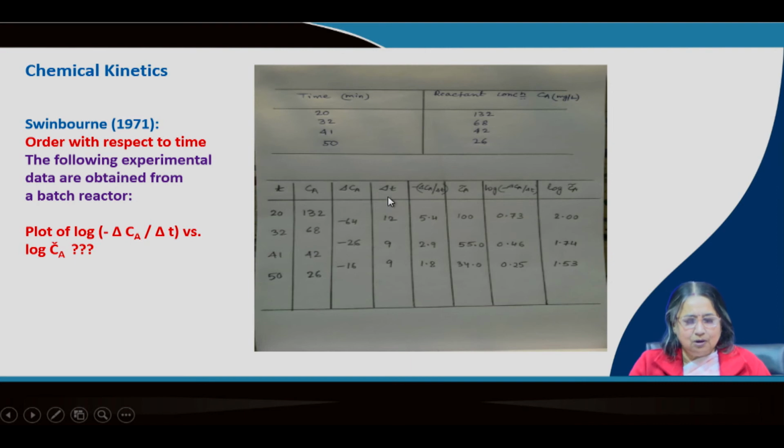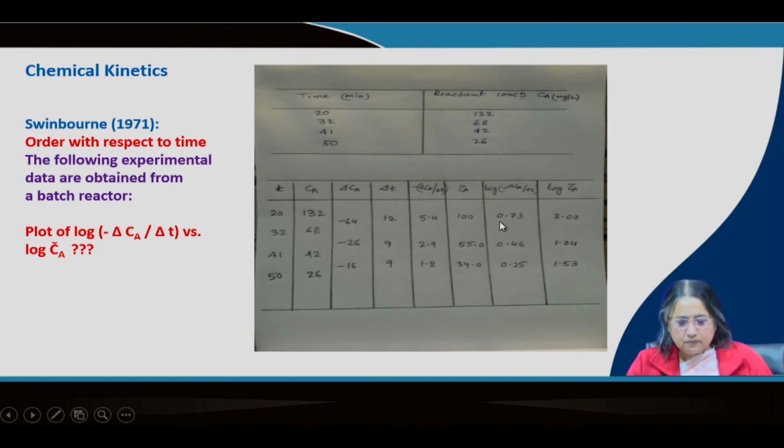So, you got the delta Ca values and delta t values. Now you have to calculate delta Ca by delta t in this column. And this is the Ca average: this one plus this one divided by 2, and so on. Average here means midpoint.